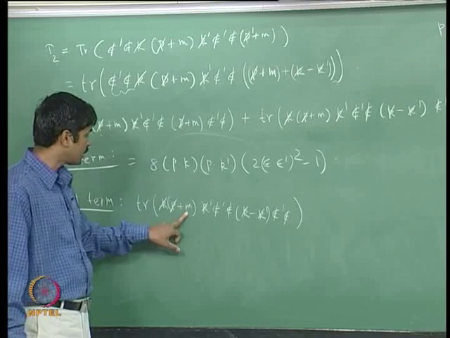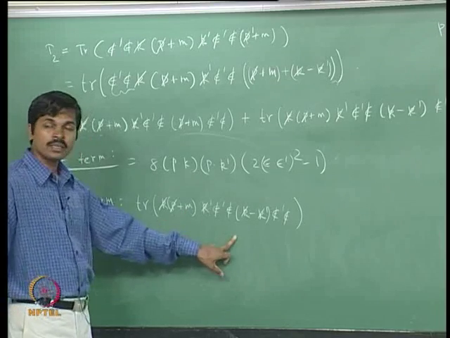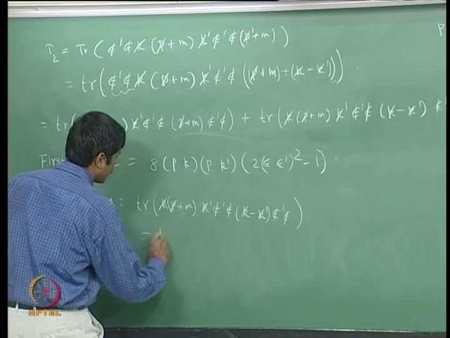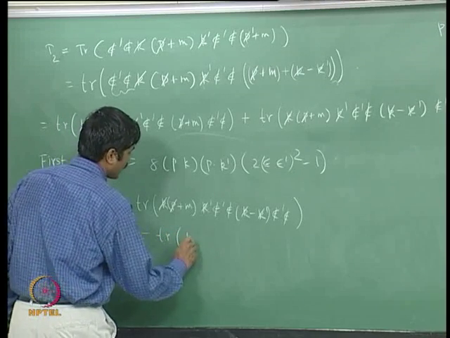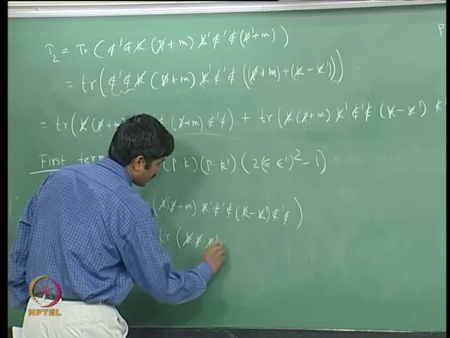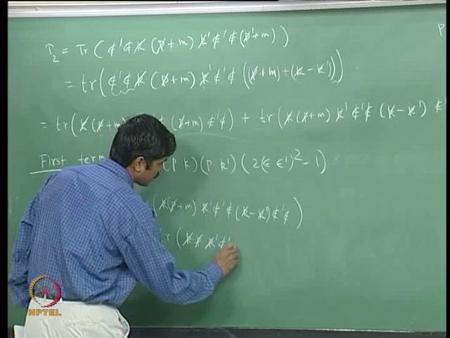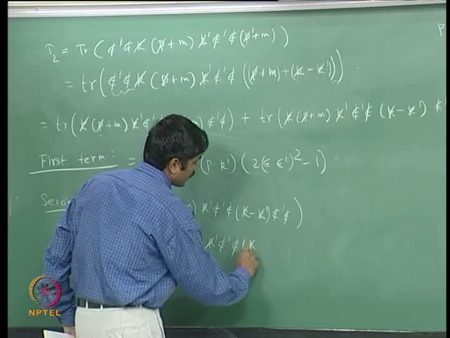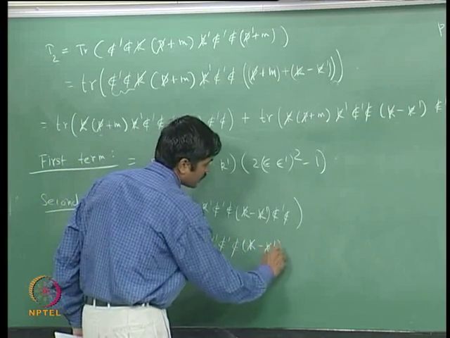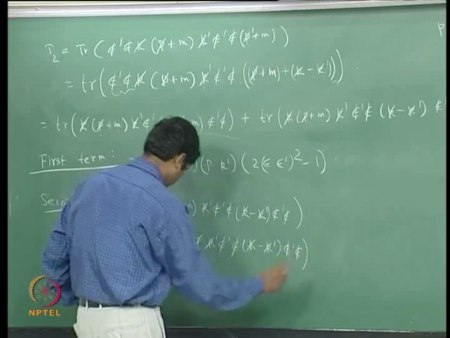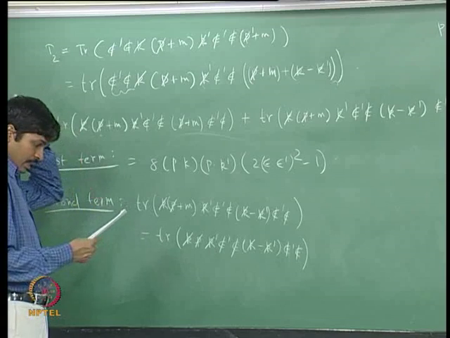So, the term which is linear in m will simply vanish. Therefore, this is trace k slash p slash k prime slash epsilon prime slash epsilon slash k slash minus k prime slash epsilon prime slash epsilon slash. Okay.